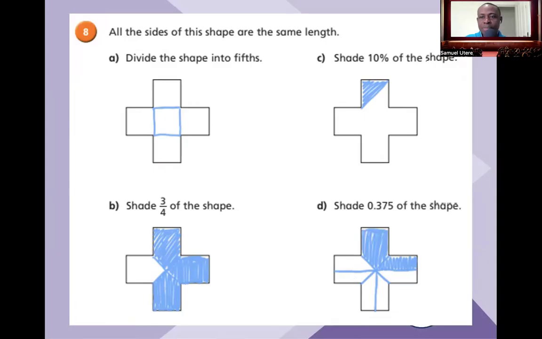Now, a quarter is 0.25. And half of a quarter is 1/8, which is what we've done here. Each of these parts, this little part, is 1/8. So 1/8 is 0.125. So it means we need 3 lots of an eighth.